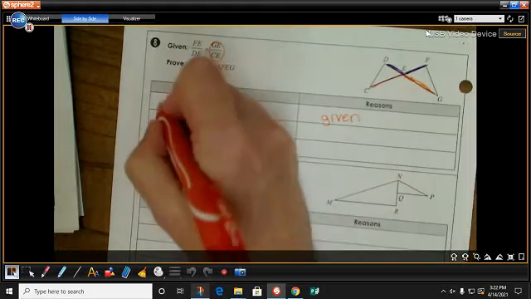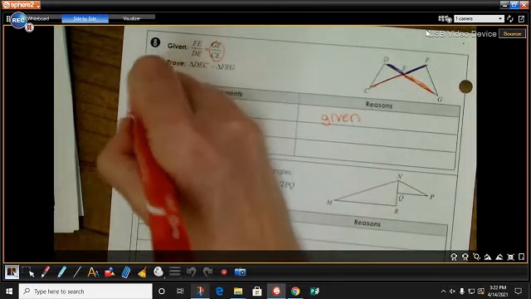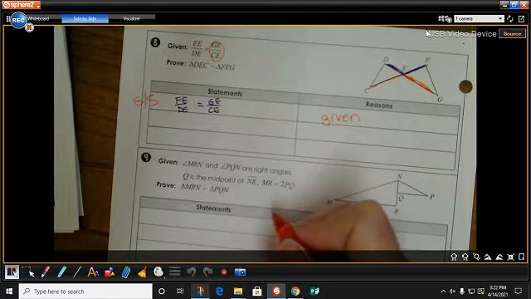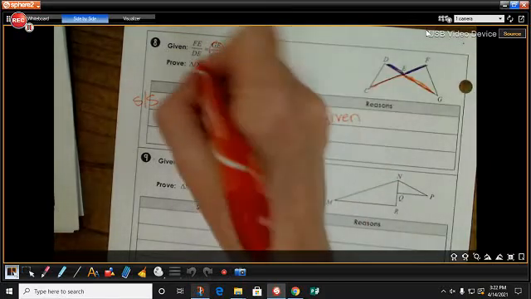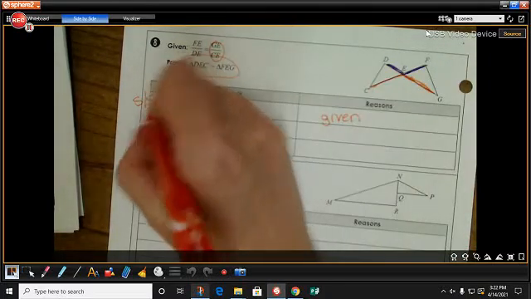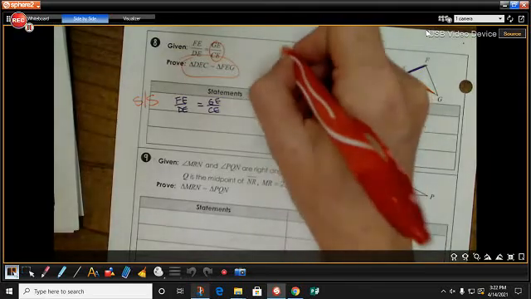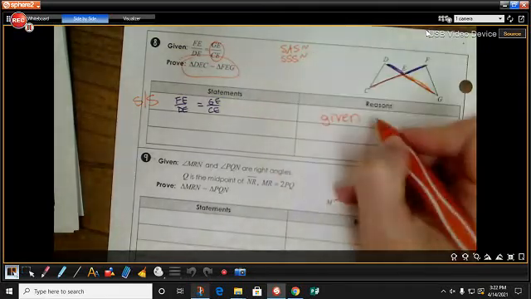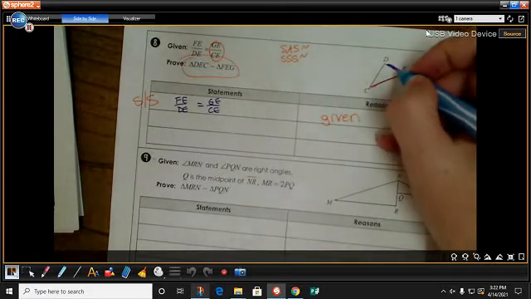Well, already that gives me two sets of sides being proportional to each other. That's awesome. If I want to prove my triangle similar, now that I've got two sets of sides, I could either go for side angle side or side side side similarity.